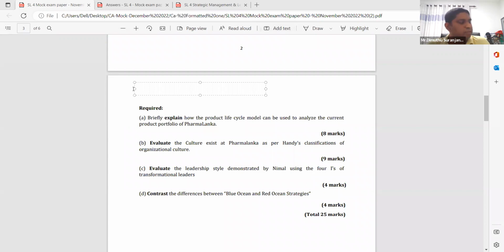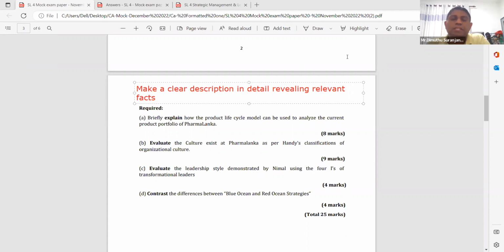We look at the meaning of the action verb. Explain: make a clear description in detail, revealing relevant facts.